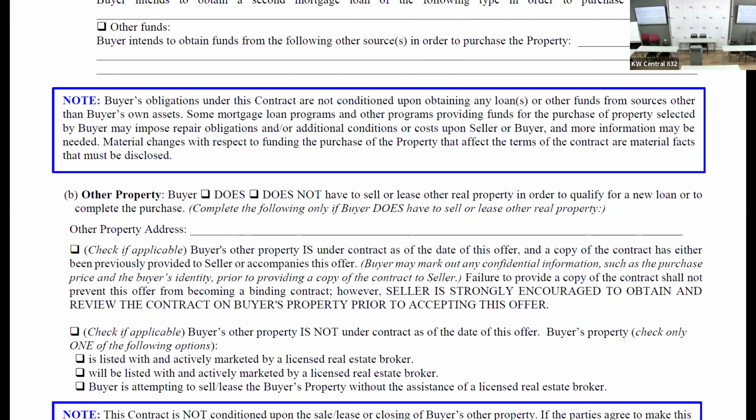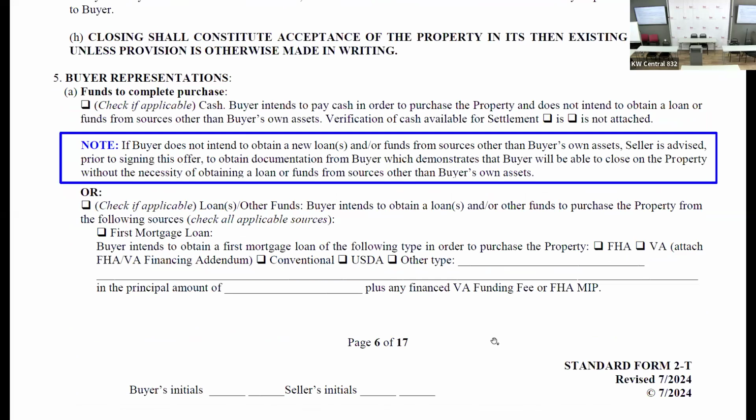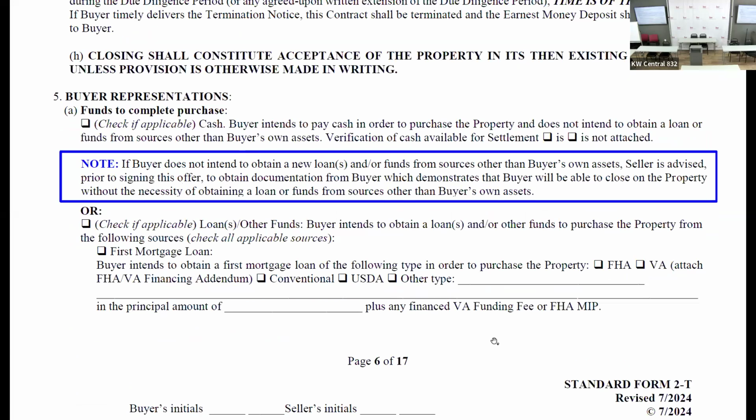We asked for proof of funds, and the buyer didn't have a problem providing it at all. The ones that don't have it, they have a problem with providing it.